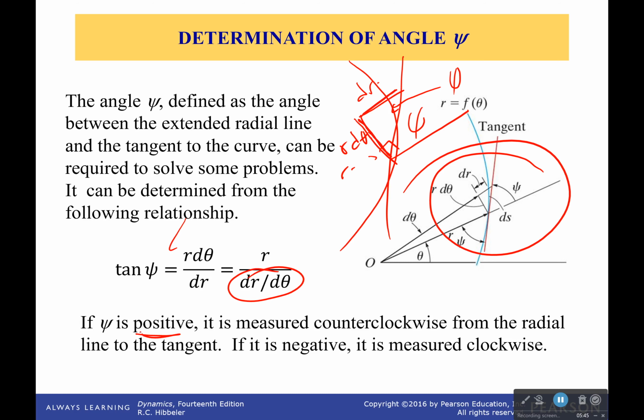If psi is positive, it's measured counterclockwise from the radial line to the tangent. If it's negative, it's the opposite. Okay, big thing to remember here: tan of psi equals r over the change in the radial position with theta, dr d theta. So that'll be enough for this time. Next time, we're going to jump straight into an example. So thanks for listening. I'll see you all later. Bye-bye.